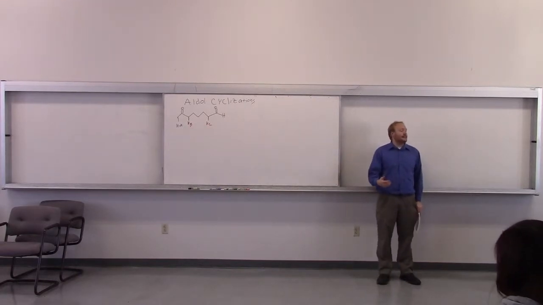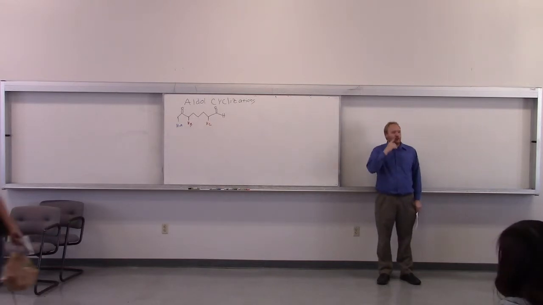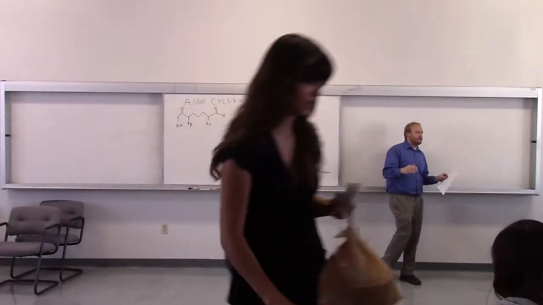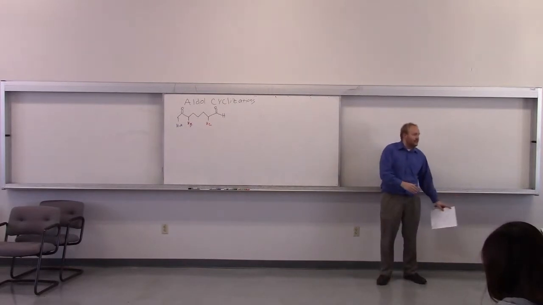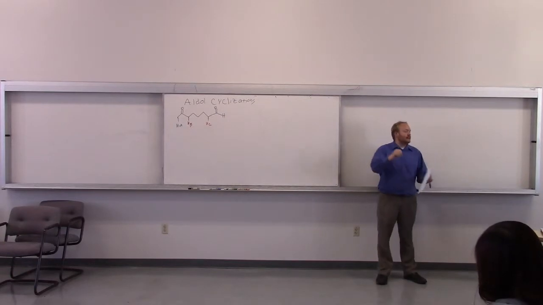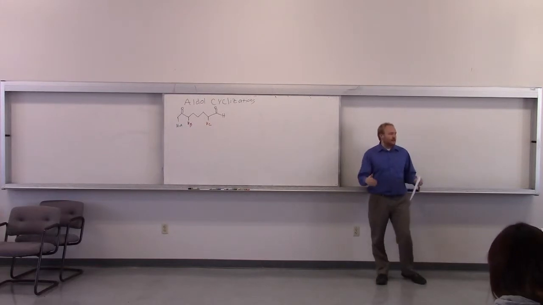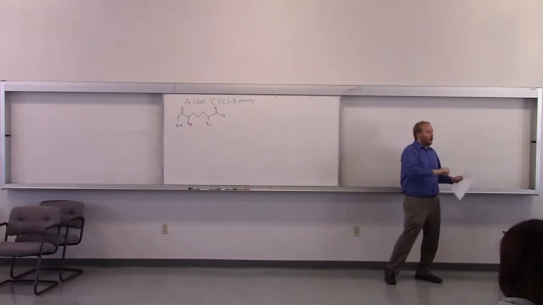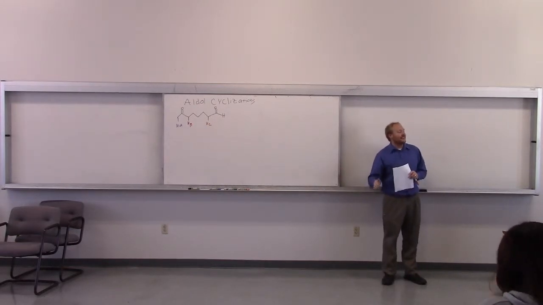Then we're going to talk about the Michael addition. When you have an aldol dehydration product, which has a double bond in conjugation with the carbonyl, nucleophiles can add either into the carbonyl or into the conjugated olefin. Then we'll talk about the factors that influence whether we get carbonyl addition or olefin addition. That's just kinetics versus thermodynamics.